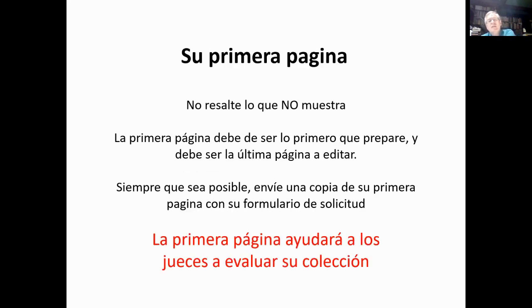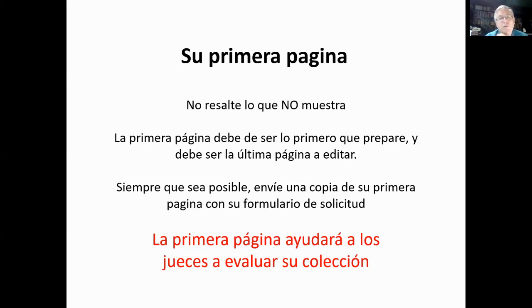Now, let's come back to your title page. So rather than talking about things in the abstract, let's talk about your specific title page. Do not highlight what you do not show. It's a really easy trap to fall into, to say, well, I don't have this and I don't have that and I don't show this, and well, the only known proof for this stamp is with my friend and I don't have it.